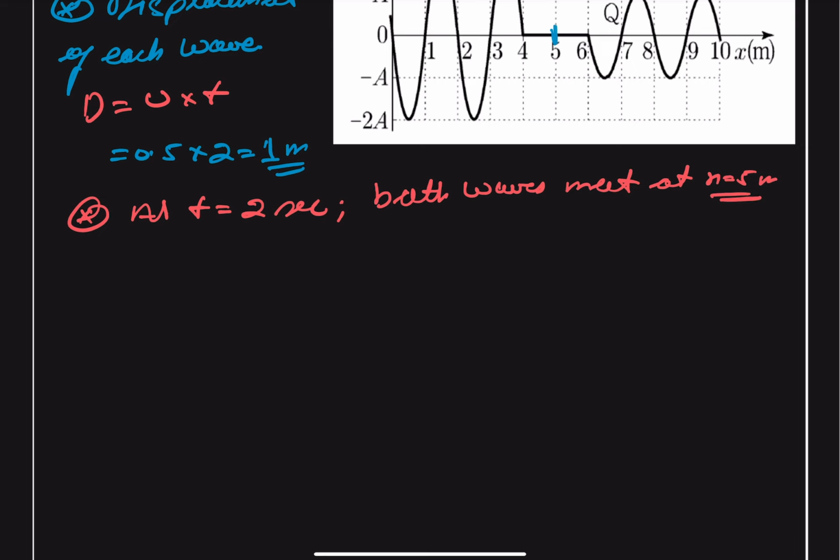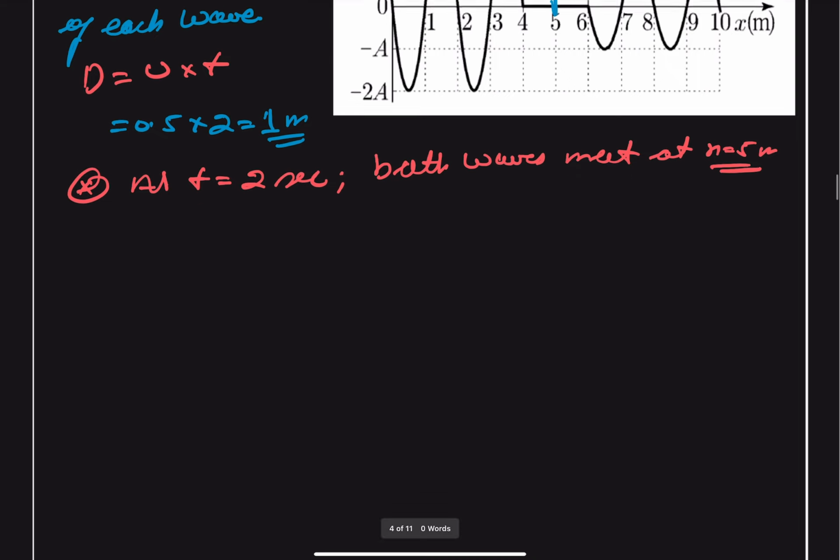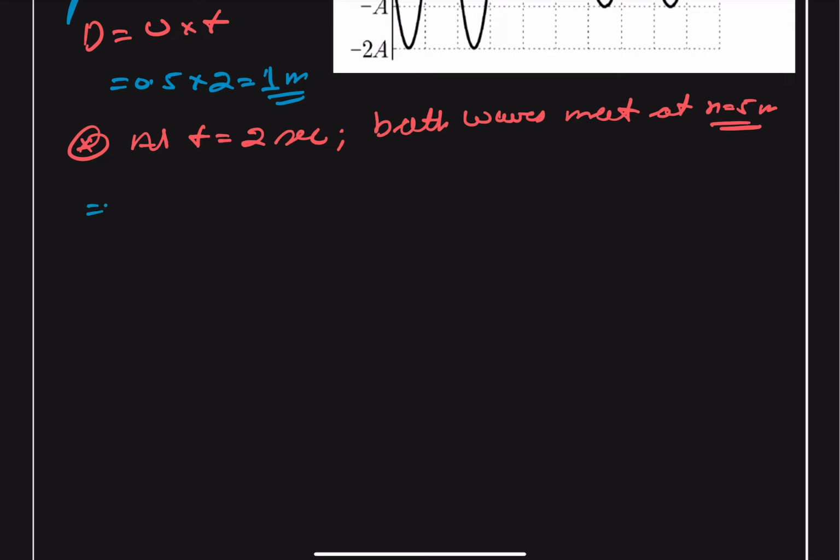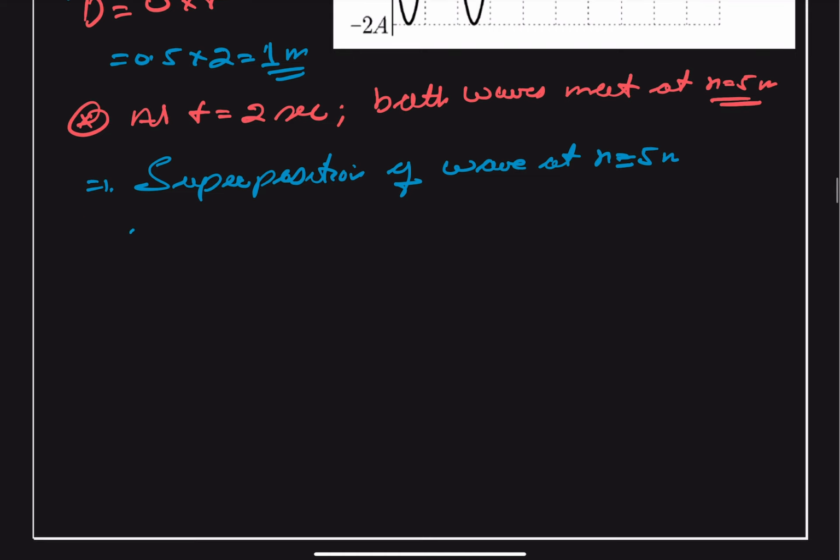And now we are going to find out the superposition of the wave at x equal to 5 meter, which is supposed to be the question. Okay. So we say superposition of wave at x equal to 5 meter from t equal to 2 seconds to t equal to 6 seconds.